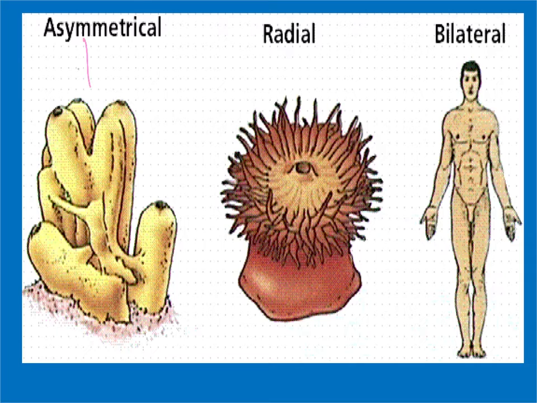With asymmetry, it doesn't matter how you cut it, it's just all over the place. It doesn't have a specific shape that you can define. Radial symmetry, you can see it's around that central point. Bilateral symmetry, again, you can cut it right down the center. Sorry, I'm not a good drawer, but if you cut it right down the center, you should have equal halves.